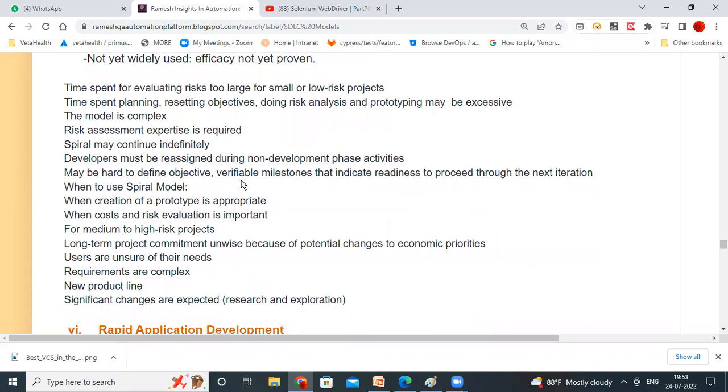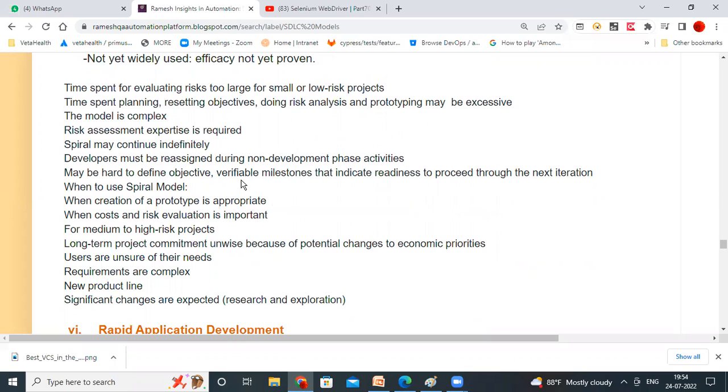The spiral may continue indefinitely, and developers must be reassigned during non-development phase activities, and it may be hard to define objectives and milestones, right?